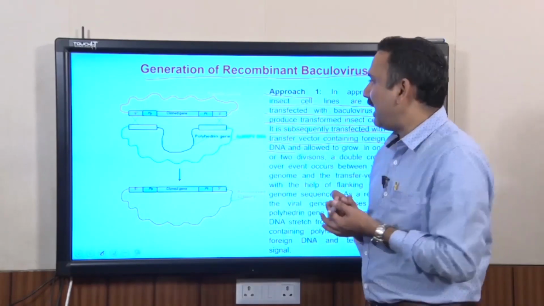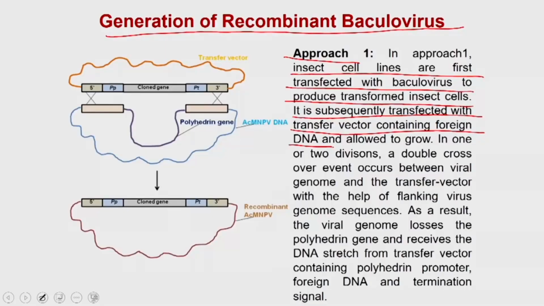cycles, and there will be a homologous recombination between these two regions, which means the upstream as well as the downstream region are going to do the homologous recombination. So, this is the transfer vector which you have transformed in the second step, and this is your plain virus.